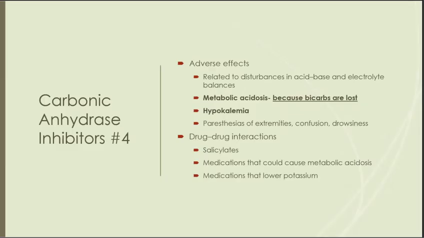As I said before, you might also see paresthesia, numbness and tingling, confusion, drowsiness. Acid builds up, causing metabolic acidosis. And some of the NSAIDs like aspirin, you have to be mindful of that. Avoid combining these drugs because it could worsen the metabolic acidosis.